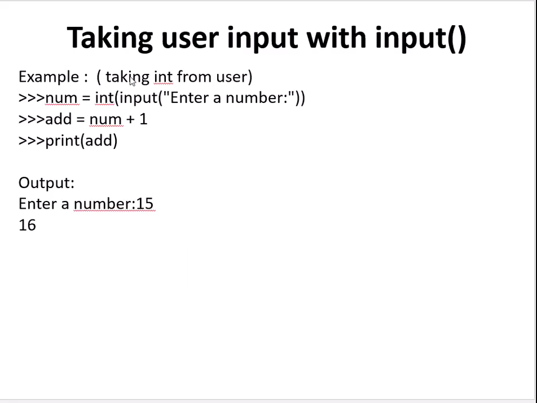Check the example of taking an int from the user: num = int(input("Enter number: ")), add = num + 1, and print(add). The output is: Enter number: 15, and the print gives 16.